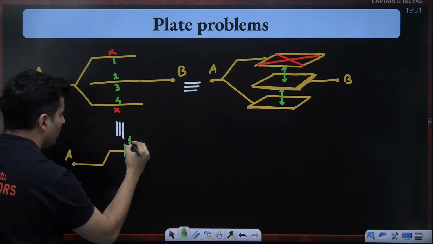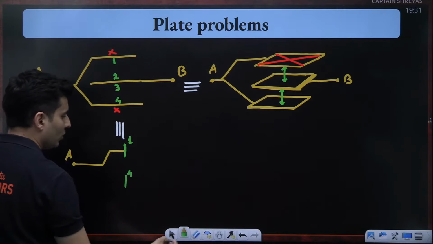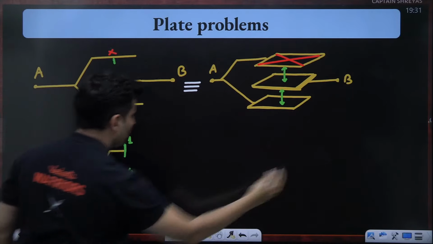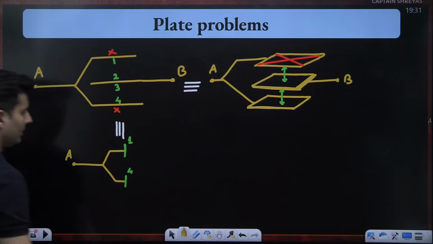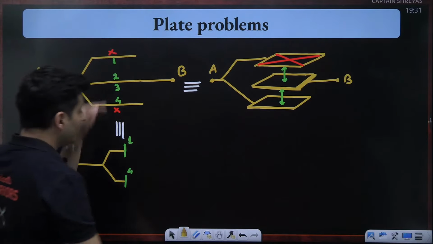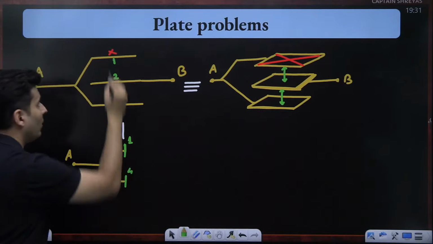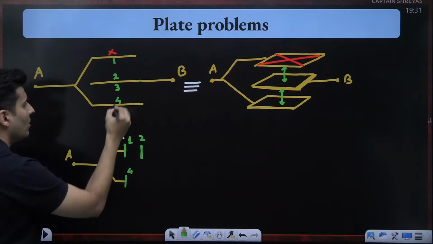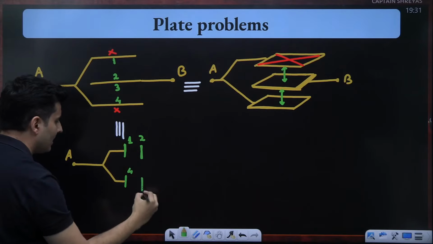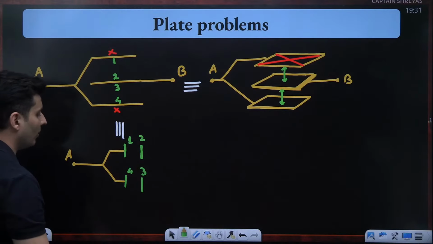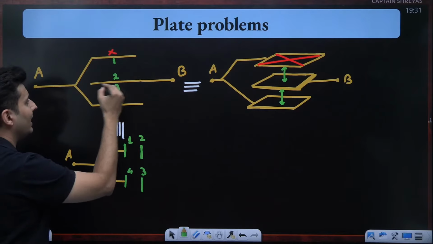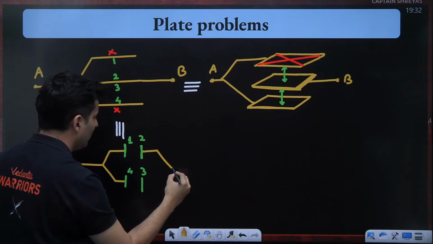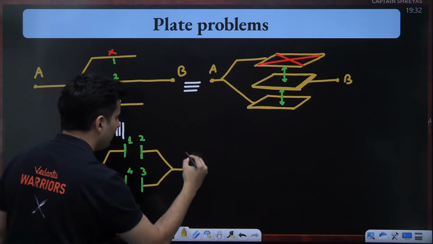A is not just connected to 1, it is also connected to 4. I hope you can see that. Now opposite surface 1, I have the surface number 2. So I'll put the number 2 here. Opposite 4, I have the surface number 3 over here. 2 and 3 together are connected to nothing but B.